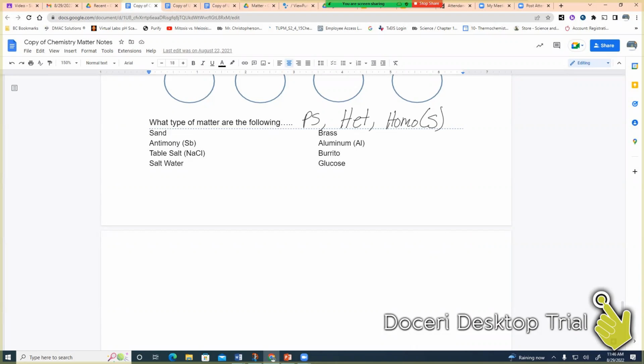Would that be a pure substance, heterogeneous, or homogeneous? Oh, yeah. I think you can buy some sand for kids' sandboxes. It might be all perfect. Antimony, Sb, that's its symbol. So that makes it what? Pure substance. And within a pure substance, element or compound? Element. All right, y'all give those other ones a try.